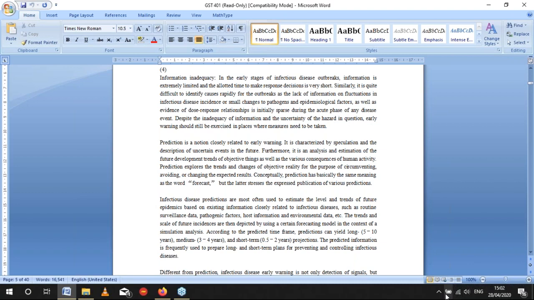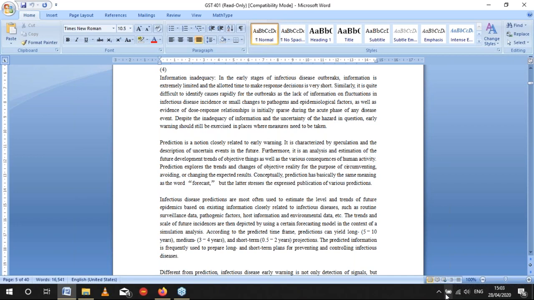While prediction uses more extensive information, which can be used to build more complex forecasting models. That is, prediction results can be presented qualitatively, but are usually expressed quantitatively.